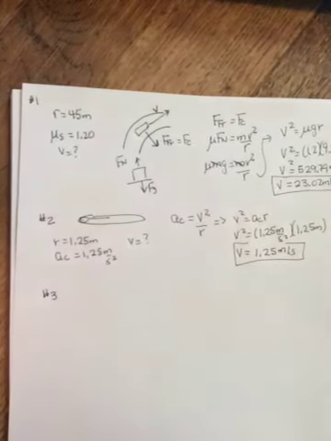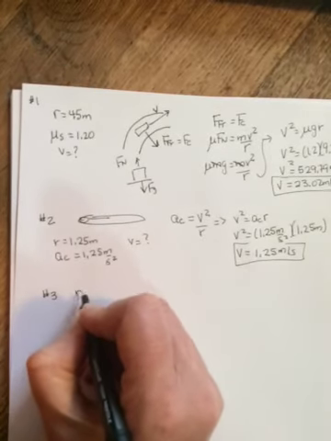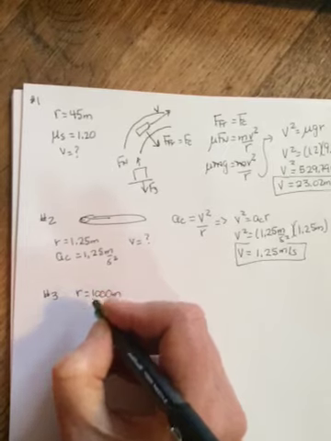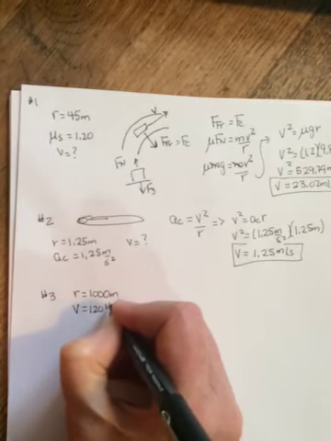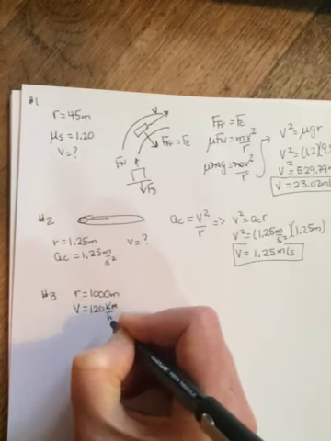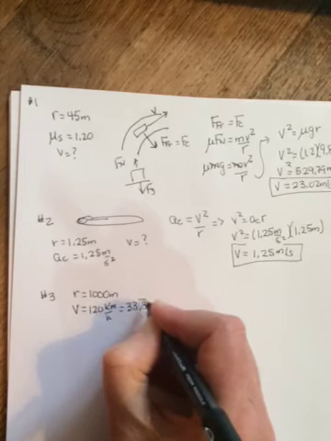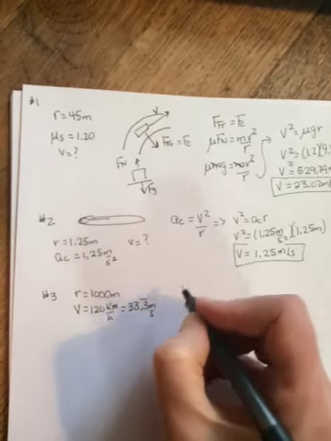Number 3. A race car goes around a level circular track with a radius of 1 kilometer, or 1,000 meters, at a speed of 120 kilometers per hour. So v is 120 kilometers per hour. And when you change that into meters per second, it's 33.3 repeating. What is the centripetal acceleration?